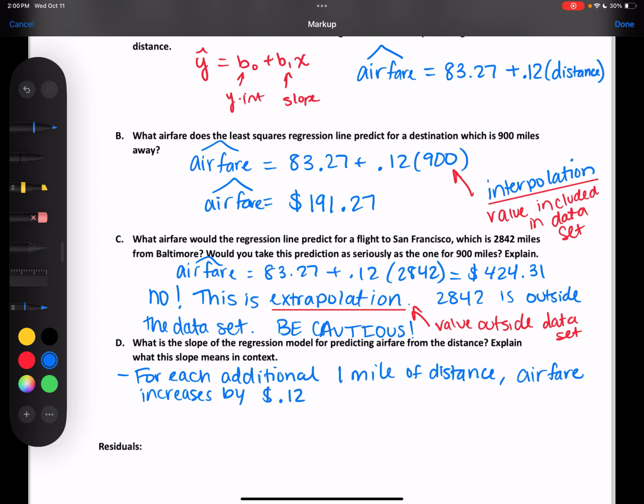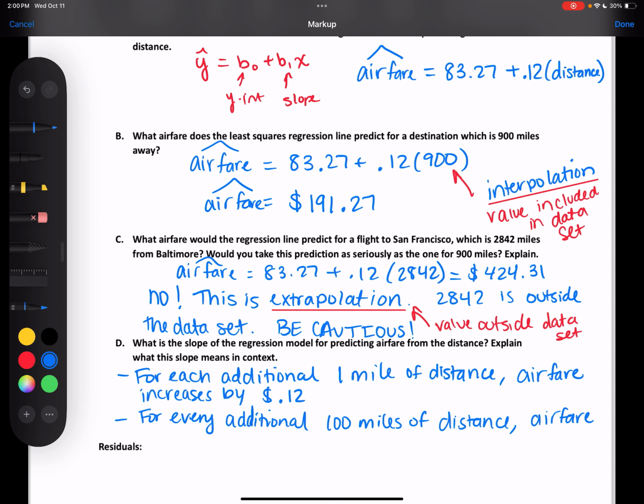So that's one option. The other option is I could say for every additional 100 miles of distance, airfare increases by $12.